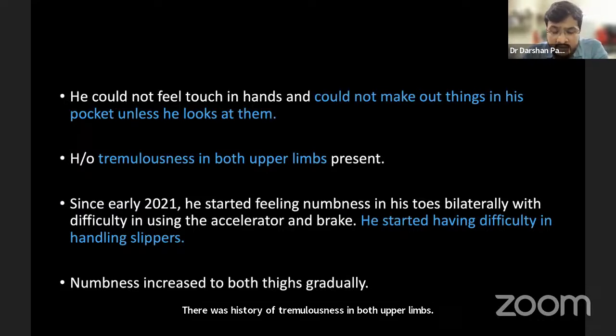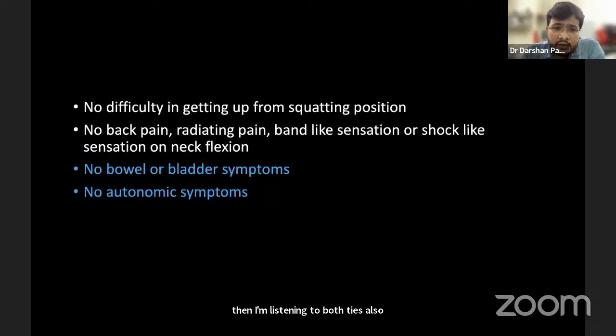Since early 2021, almost after 1 year of illness, he started feeling numbness in his toes bilaterally, with difficulty using the accelerator and brake. He also started having difficulty handling slippers, with slippage of chappals. The numbness gradually increased to both thighs also. There was no difficulty getting up from a squatting position, no back pain, no bend-like sensation or shock-like sensation on neck flexion, and no bowel or bladder symptoms.